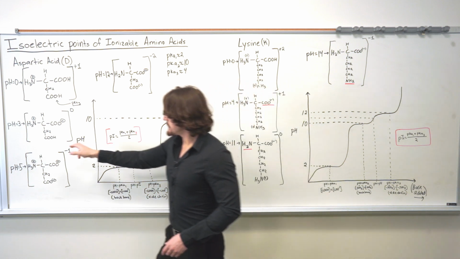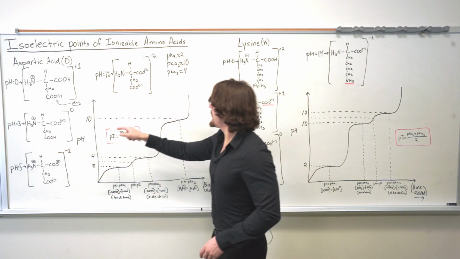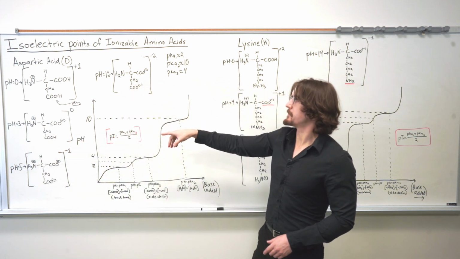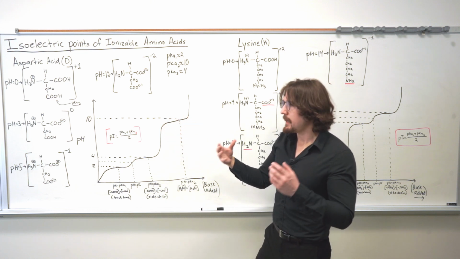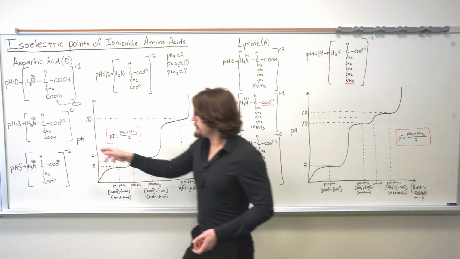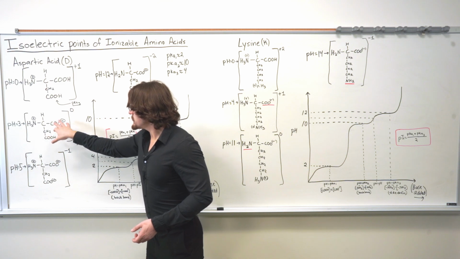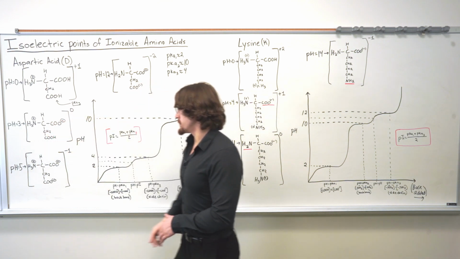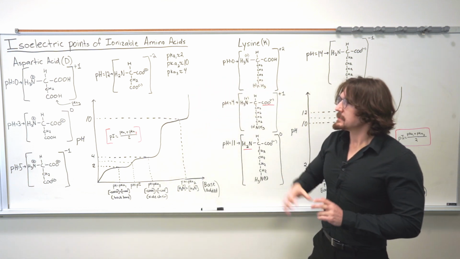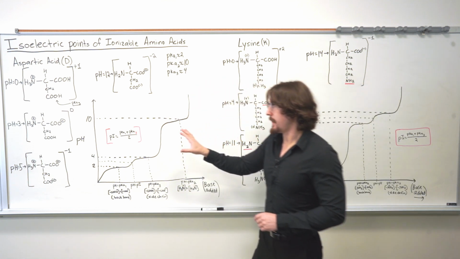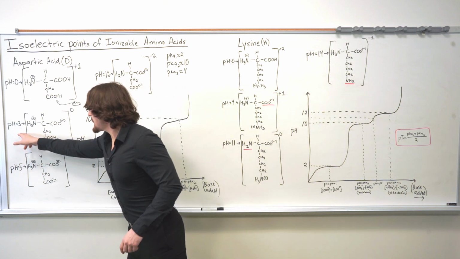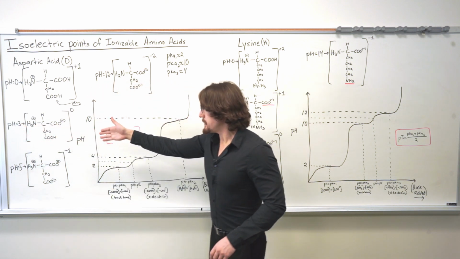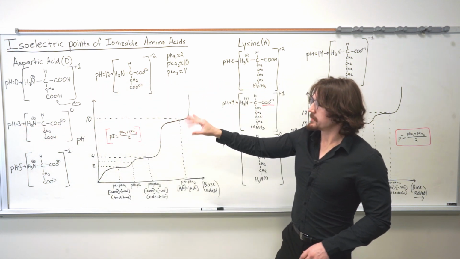But then the side chain pKa is still higher. It's pKa of 4. It's greater than 3. So it's still going to be mostly in the protonated state. So this one at a pH of 3, most of the species is going to be neutrally charged, okay? Now, this isn't exactly the PI, all right?